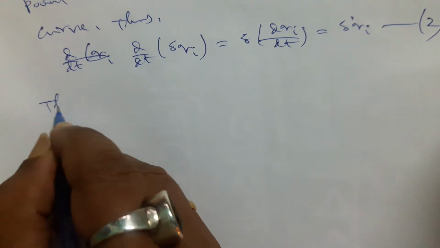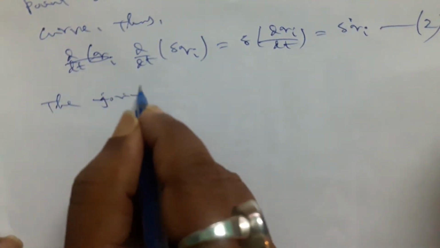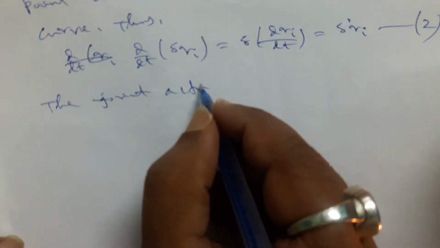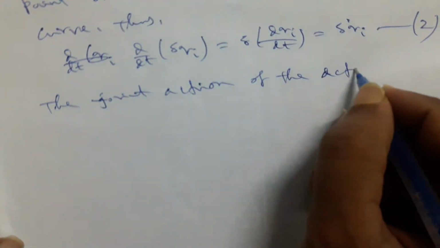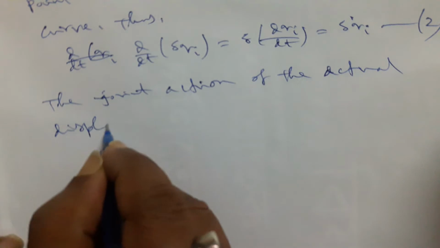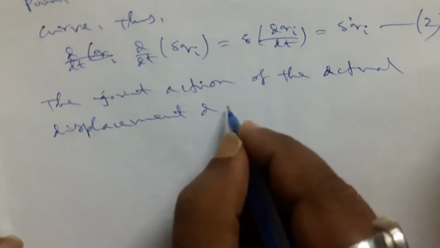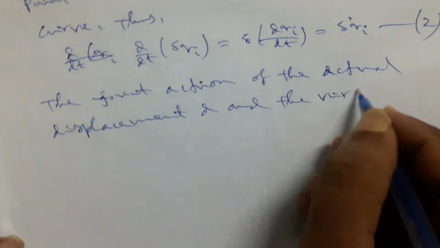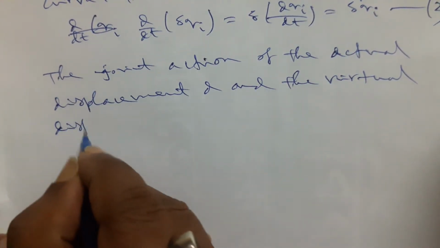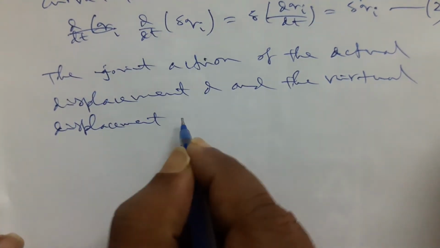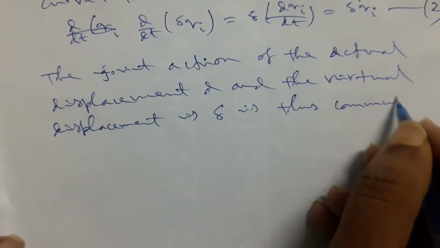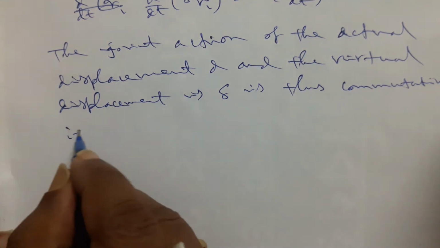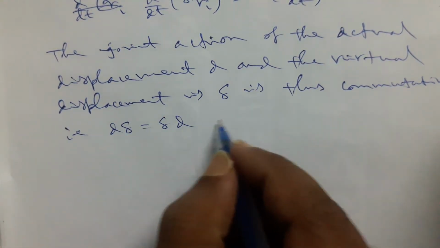And the joint action of the actual displacement, which is d, and the virtual displacement, which is del, is thus commutative, that is d of del equals del of d, taking it as equation number 3.